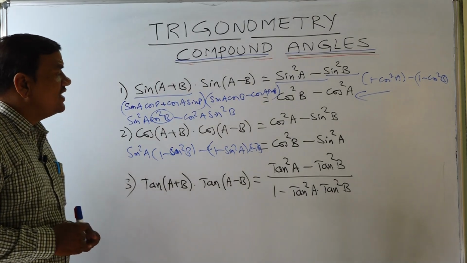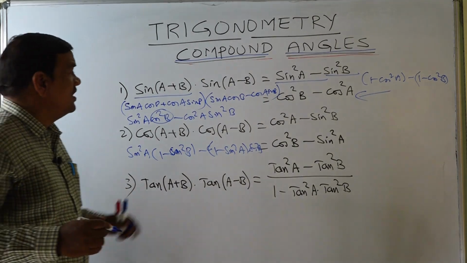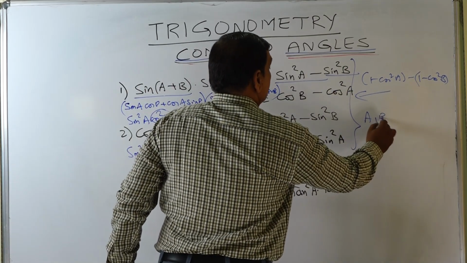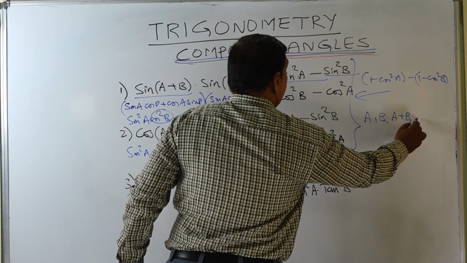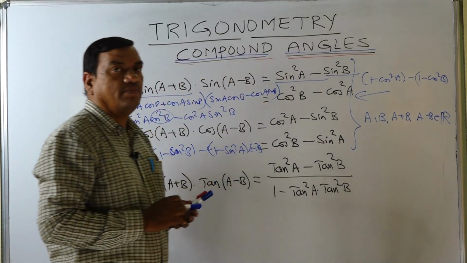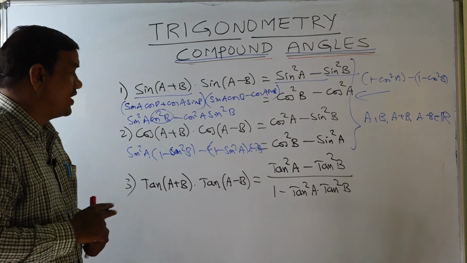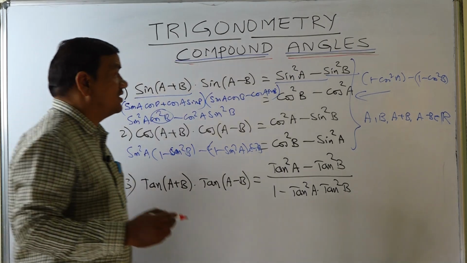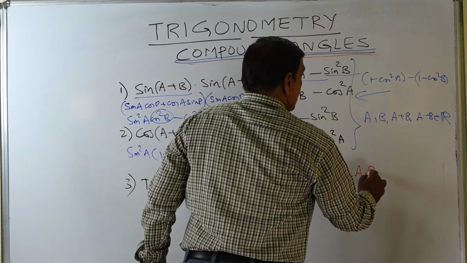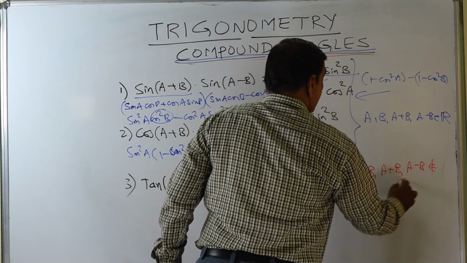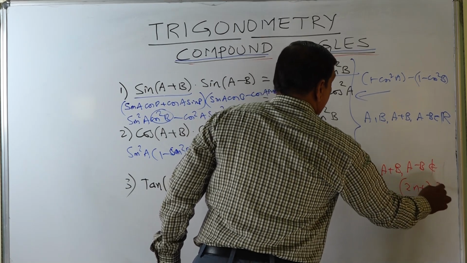Here the thing you have to remember is, for these two formulas, A, B, A plus B, A minus B belong to the set of real numbers. Anything you can take. But for the tan of A plus B and tan of A minus B formulas, A, B, A plus B, A minus B should not be odd integral multiples of pi by 2.